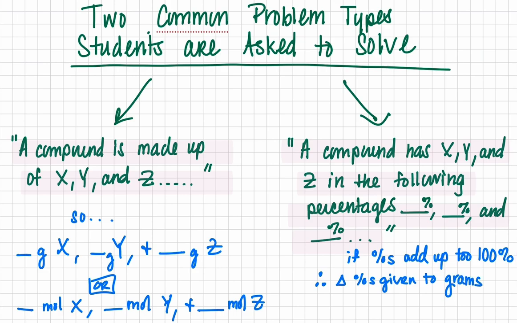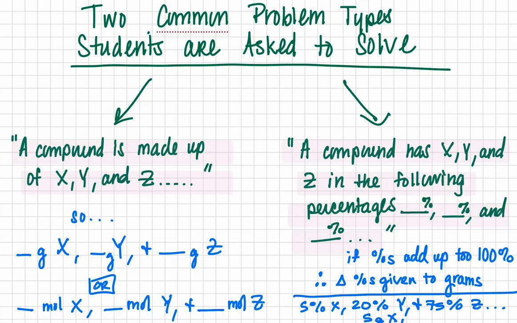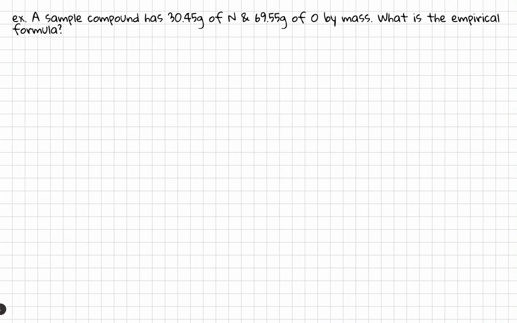So if it says 5% X, 20% Y, and 75% Z, you know you really have 5 grams of X, 20 grams of Y, and 75 grams of Z. Okay? Going to do some examples here.